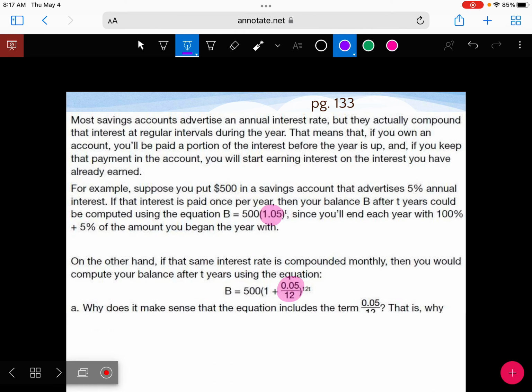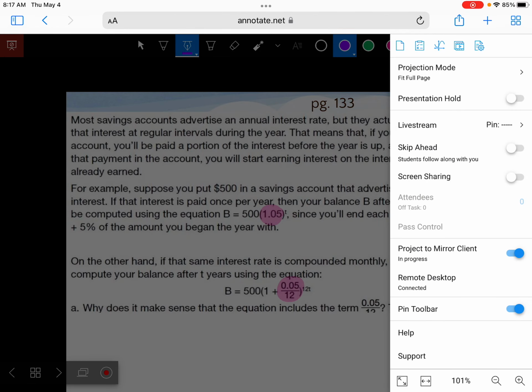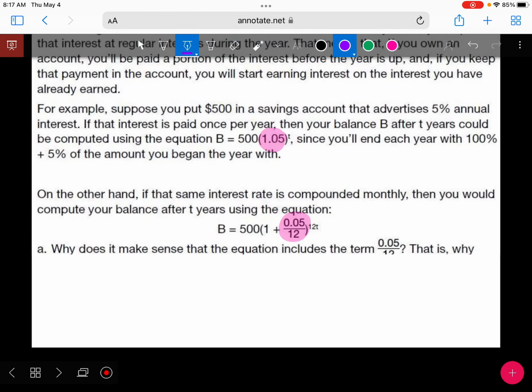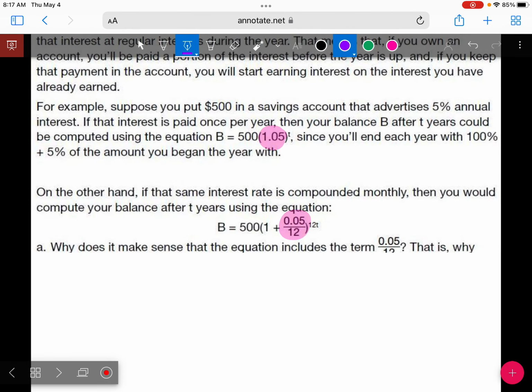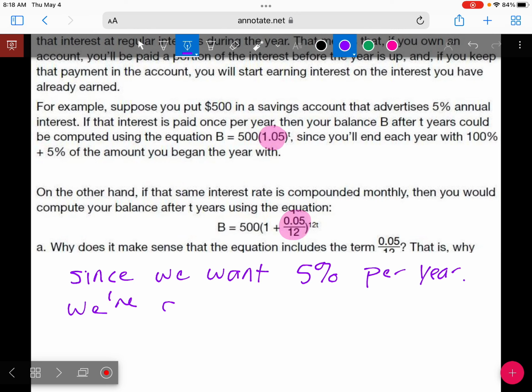So part A, which I'm going to have to do this because I made a silly choice when designing my page. Since we want 5% per year, we're only doing 1/12 per month.